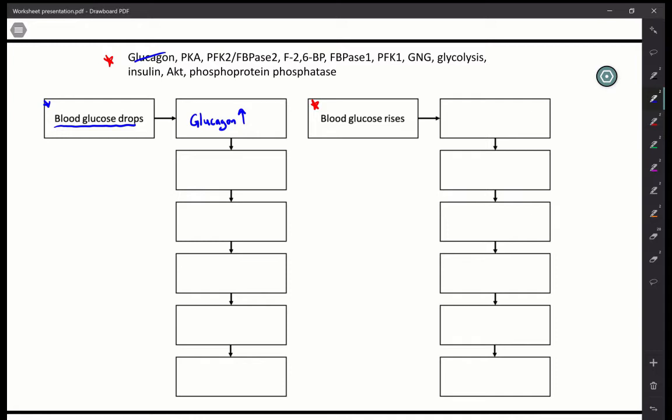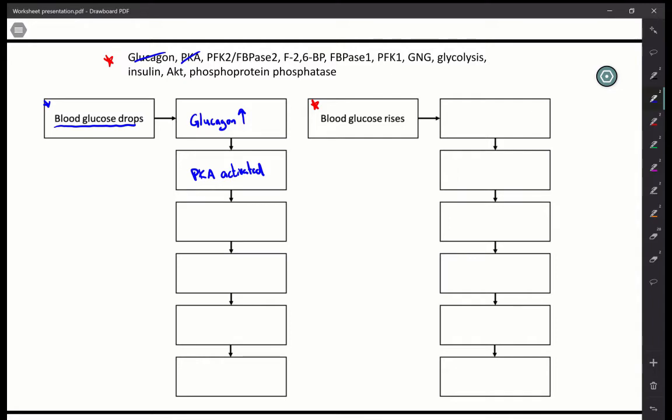The details are that it binds to the regulatory subunit of PKA, causes a conformational change, and then the catalytic subunit is released. So PKA is going to be activated. And there's our modifying term. Glucagon rises, PKA is activated.